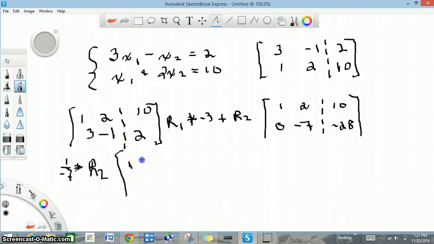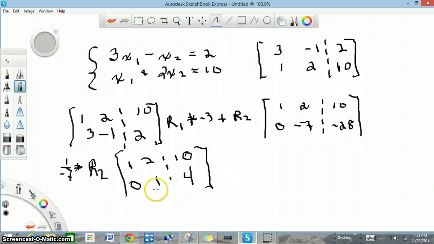Row 1 is unaffected. Row 2 becomes 0, 1, 4.